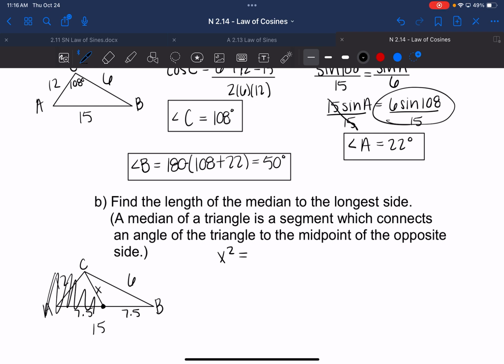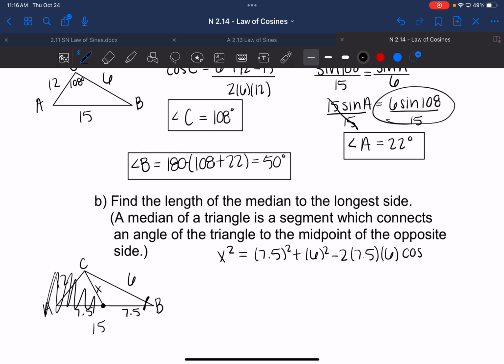So I'll have 7.5 squared plus 6 squared minus 2 times A and B, so 7.5 and 6, times cosine of the angle across from the side we're looking for, right? So that'd be this one right here.